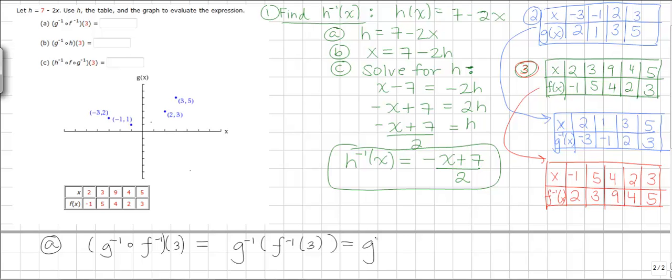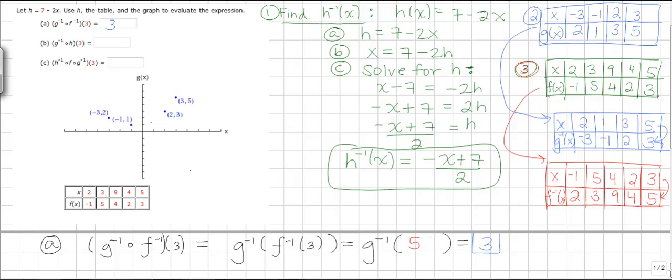If I want f inverse of 3, I'm going to go to my red table and find 3 is the input and f inverse of 3 is the output. Then if I want g inverse of 5, I'm going to go to my blue table, find 5, and g inverse of 5 is the value 3. Okay, so hopefully you see how this works.